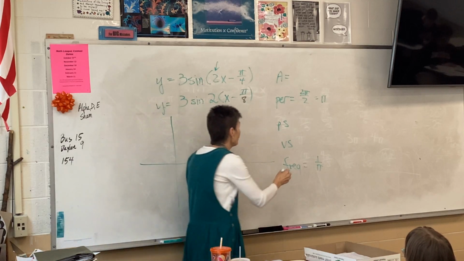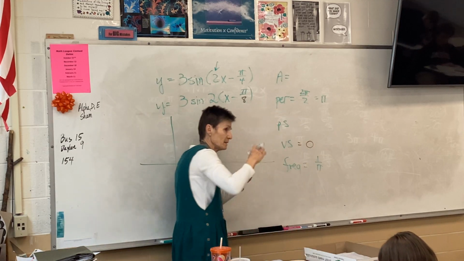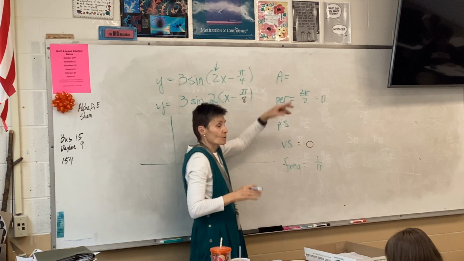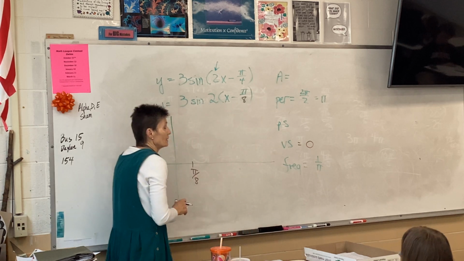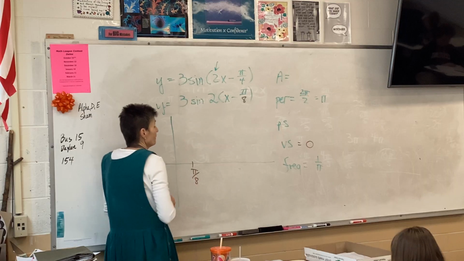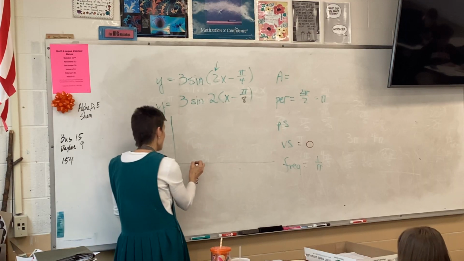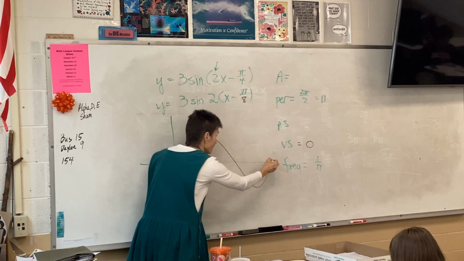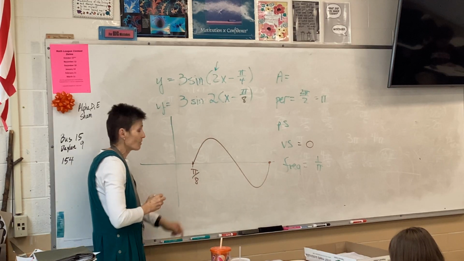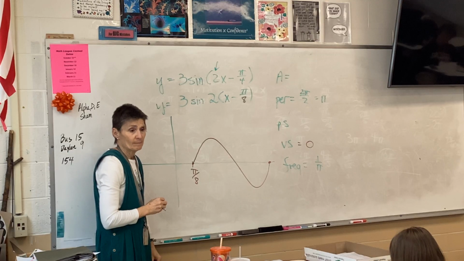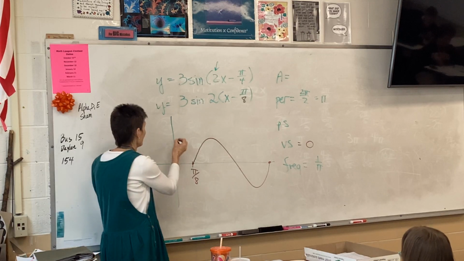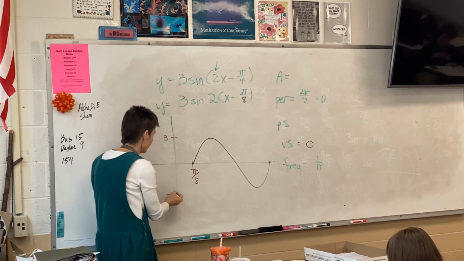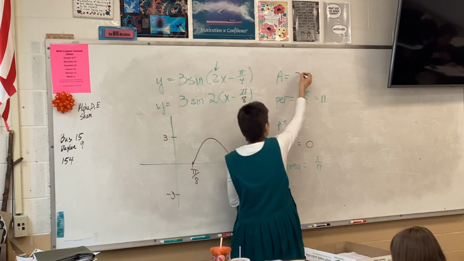There is no vertical shift up and down, no number out here, so I don't need to worry about that. It's positive, so it's going to have a regular old sine shape. Would you agree with that? Only it's starting at pi over 8. It's going to go up 3 and down 3. That's its amplitude.